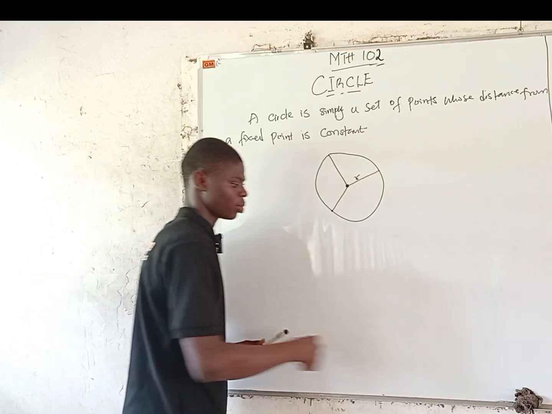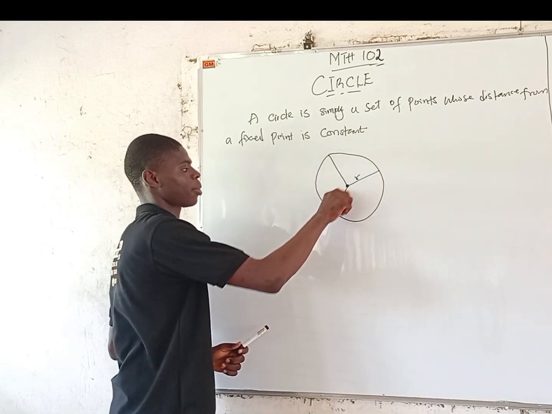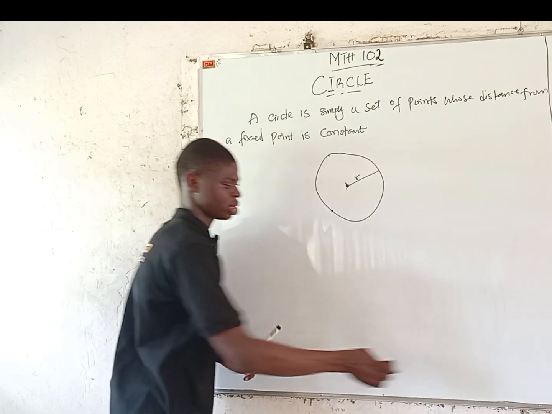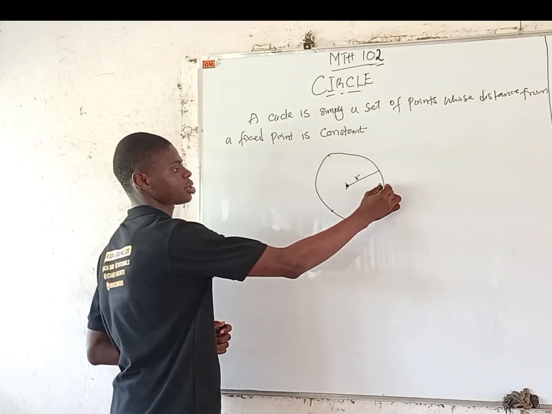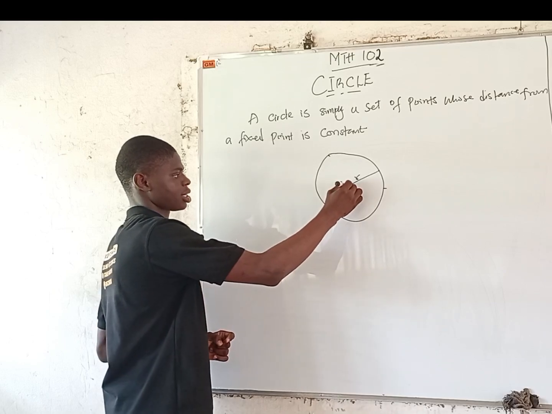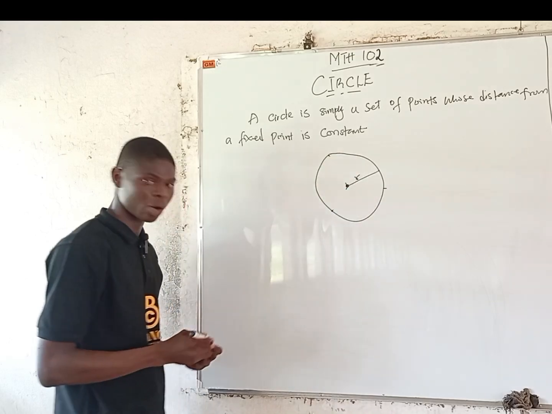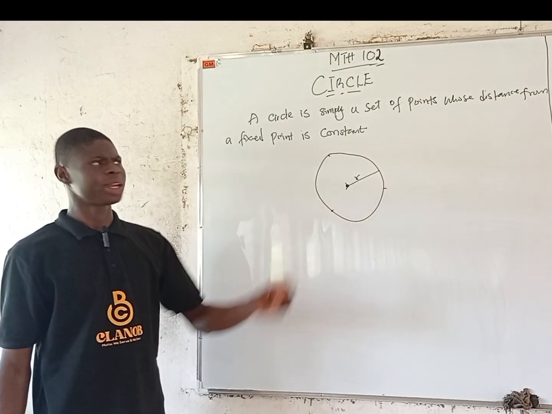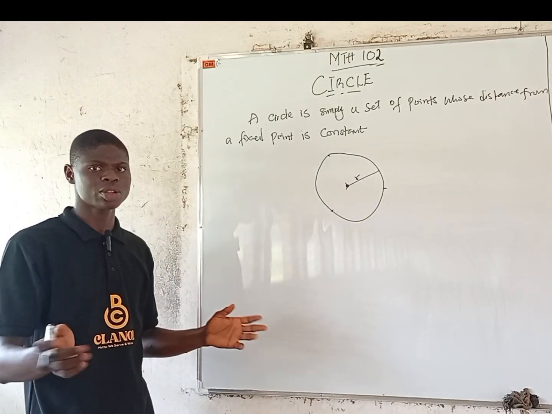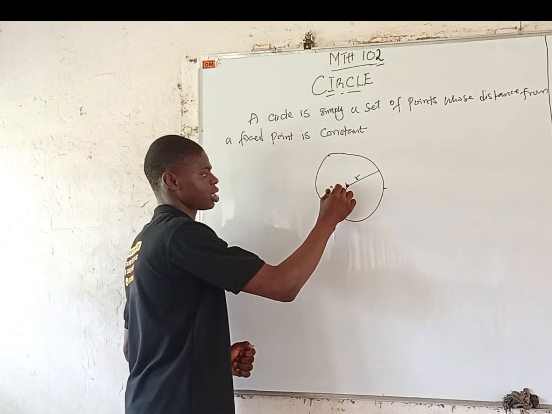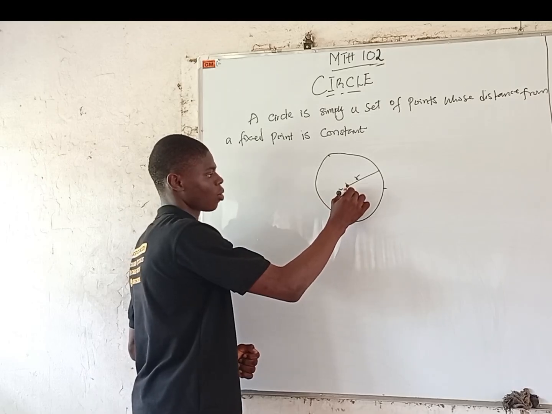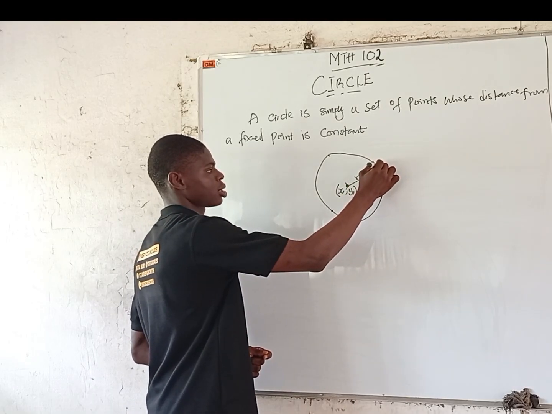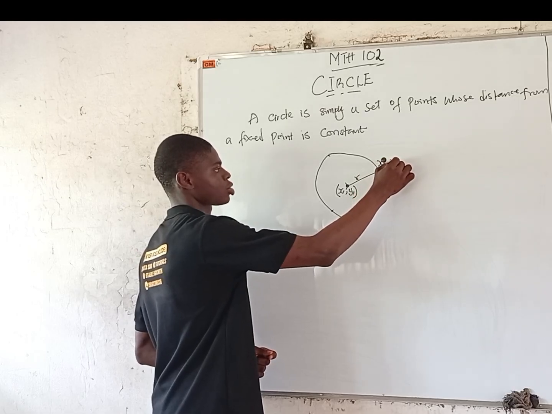So let's do a quick recap. This is the circumference. What divides a cycle into half is called the diameter, and half of a diameter is the radius. Now in this case, we want to look at some set of arbitrary points. Let's say x1, y1 from the center here to a point x2, y2.